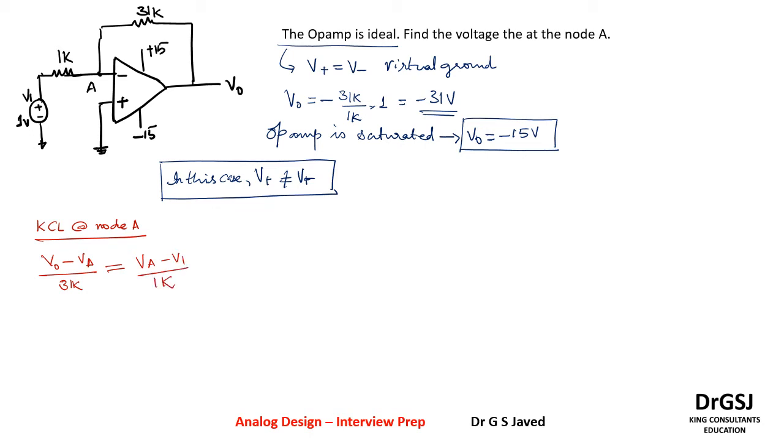So it's a very simple equation. So we know the value of V naught. V naught is minus 15. V1 is 1 volt. So let us solve for VA.